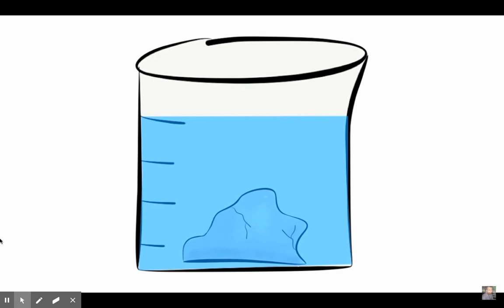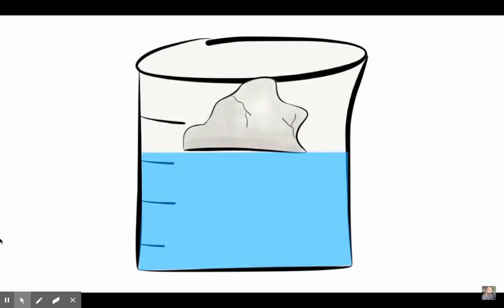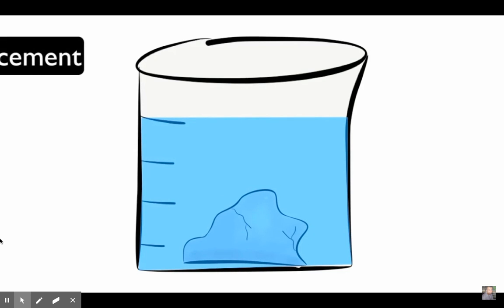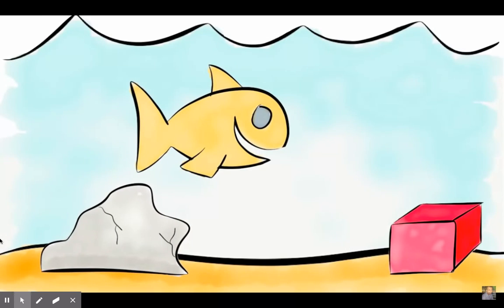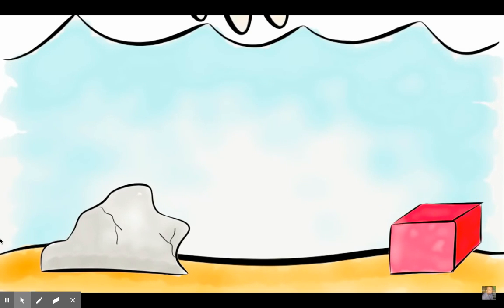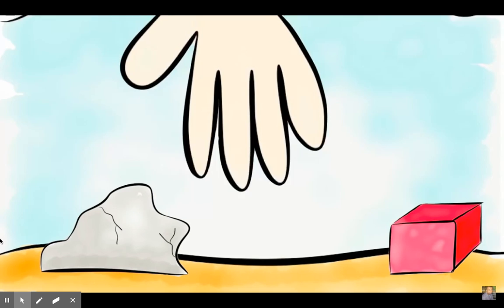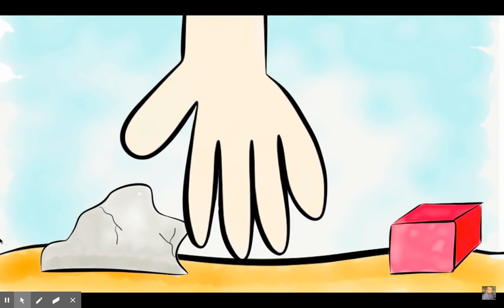The movement of water is known as displacement. The amount that the water moved is 25 milliliters and is also the volume of the rock. Everything that takes up space in the fish tank has a measurable volume. If you were to enter the tank, think about how much water would be displaced. That's your volume.